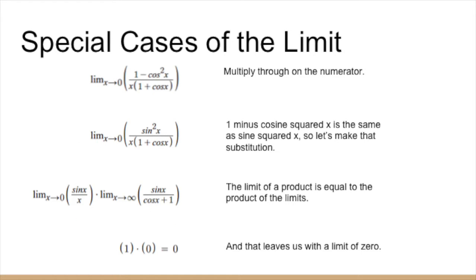Multiply through on the numerator. 1 minus cosine squared x is the same as sine squared x. So, let's make that substitution. The limit of a product is equal to the product of the limits. And that leaves us with a limit of 0.